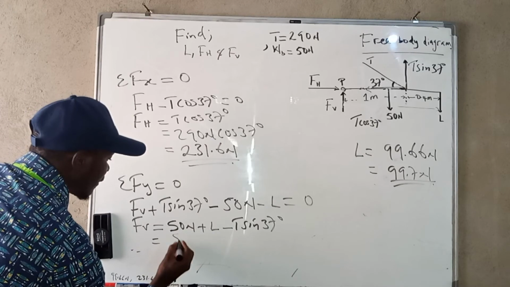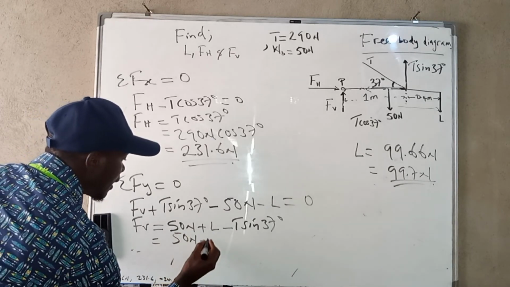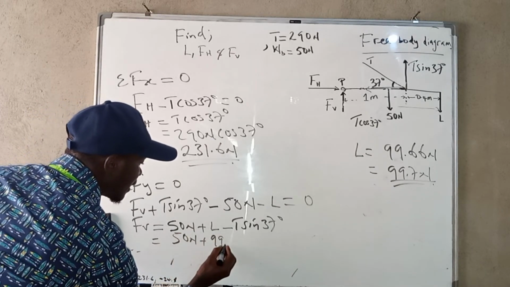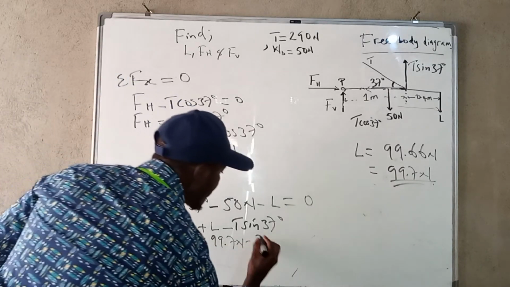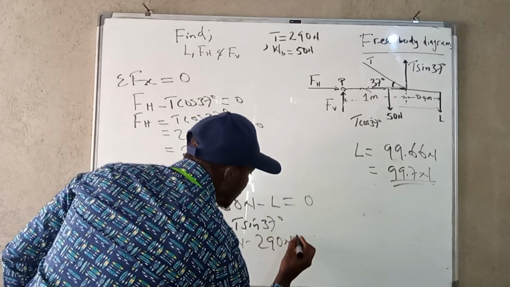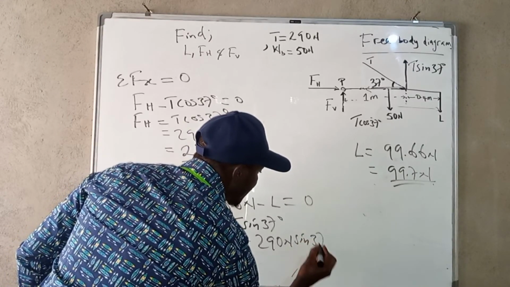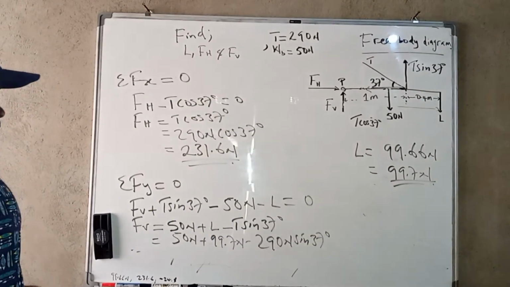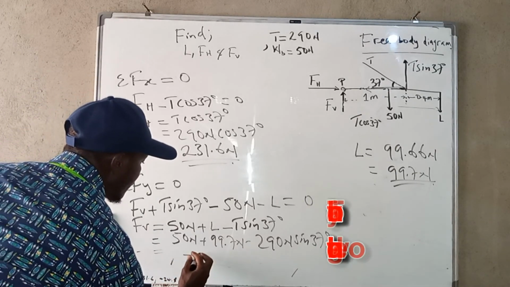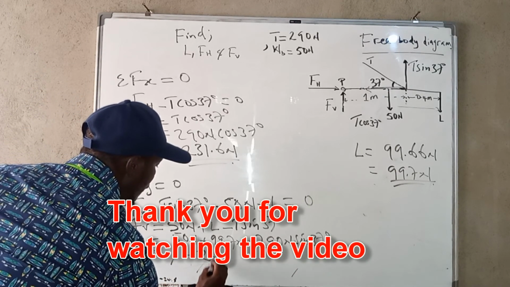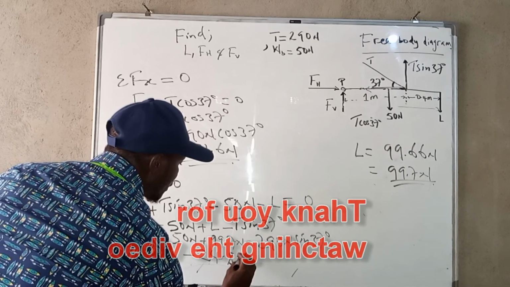So we have 50 newtons plus the value of L, 99.7 newtons, minus the value of T, 290 newtons sine 37 degrees. So this is going to give us negative 24.8 newtons.